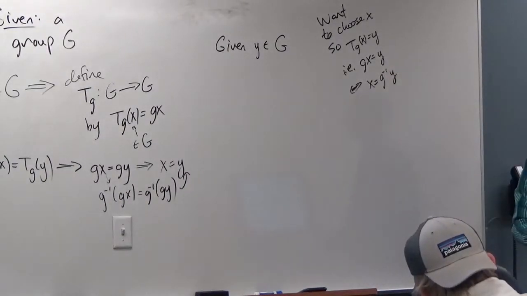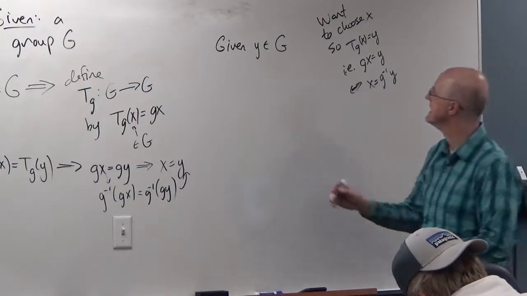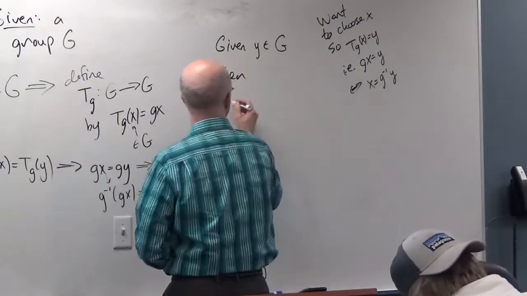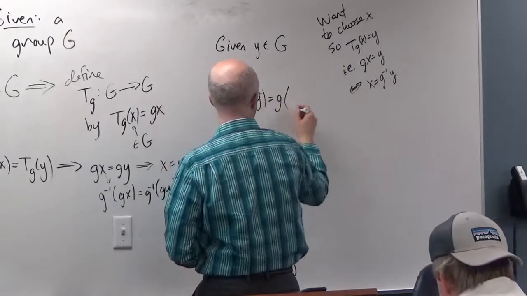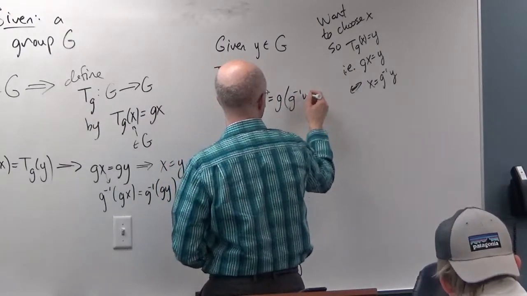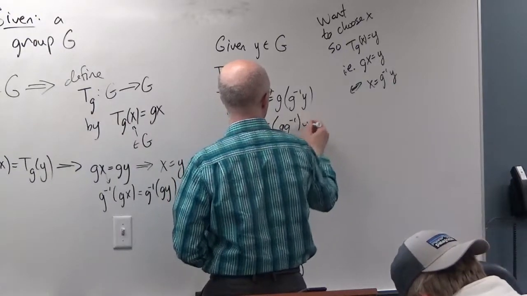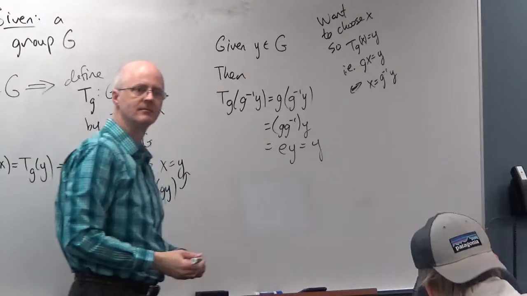Right? Solving the linear equation for the unknown, essentially. Technically, your argument would be then T sub g of g inverse y. If you want to be extra picky about steps, you could include the step where you use the associative law and the step where that equals the identity before writing the output.